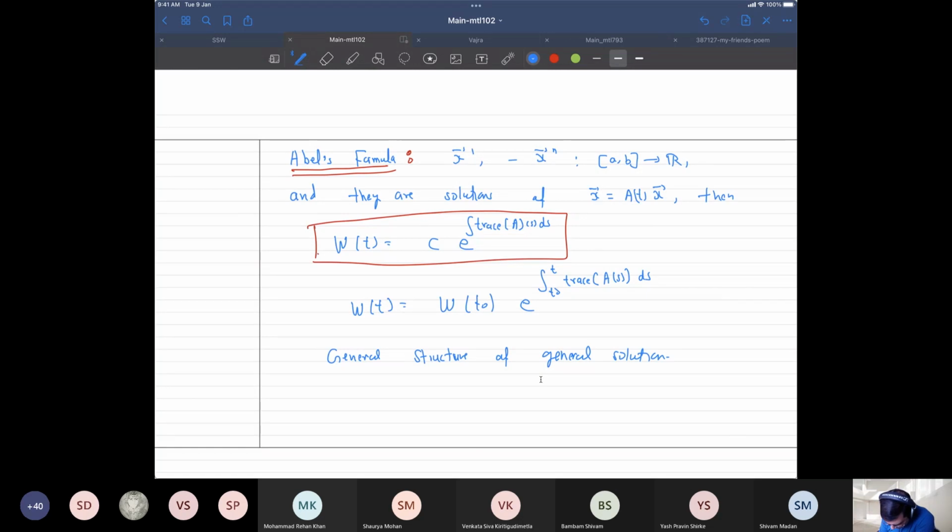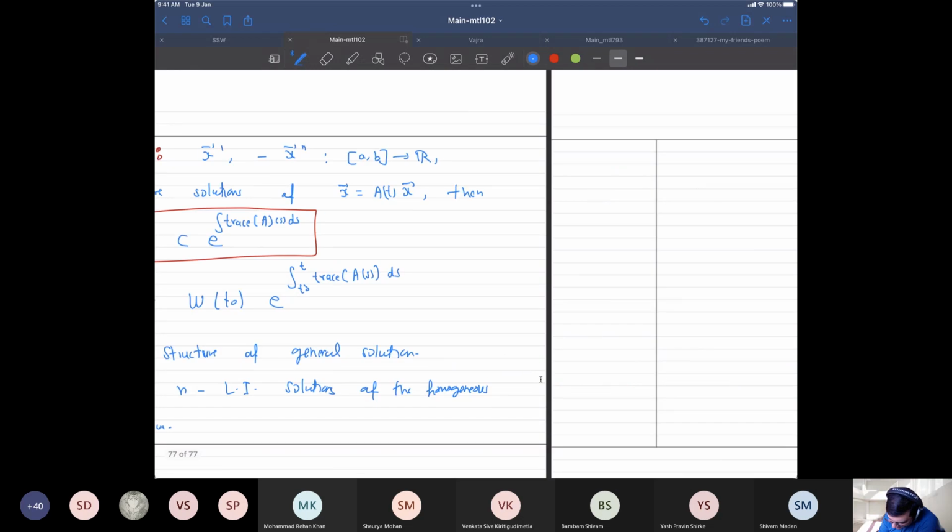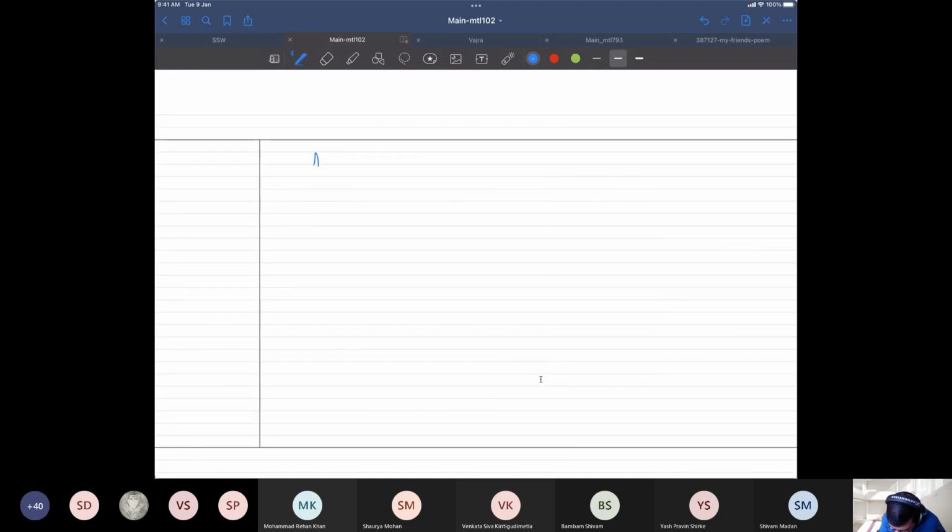So the idea was to find n linearly independent solutions of the homogeneous problem. Okay, so once you find n linearly independent, so assume you have found them somehow.